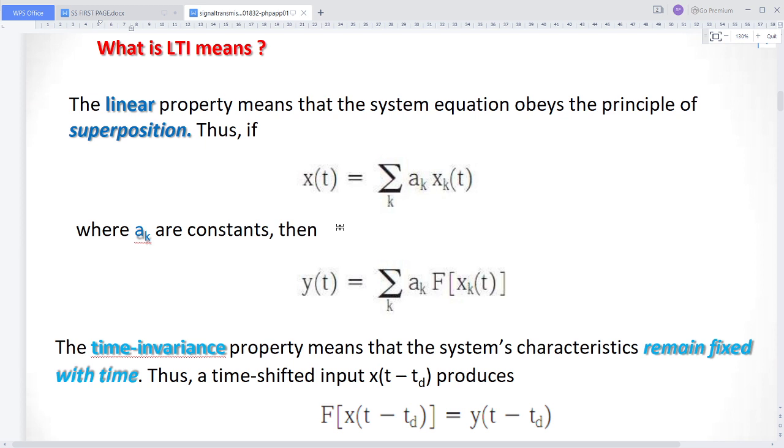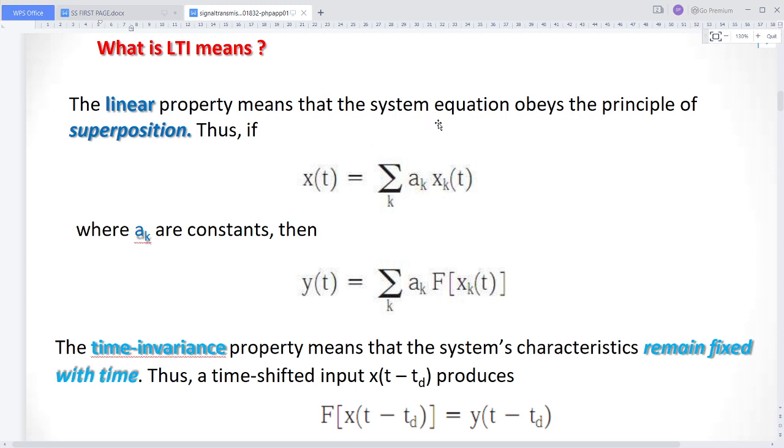We can call it a linear time invariant system. In other words, in addition to linearity, if the input and output characteristics do not change with time, it is called an LTI system.